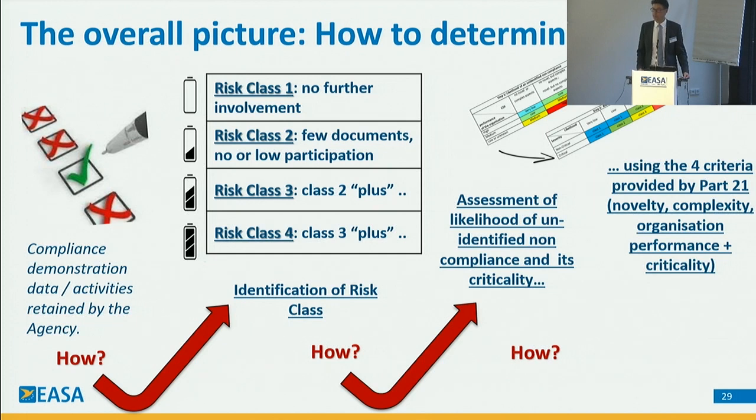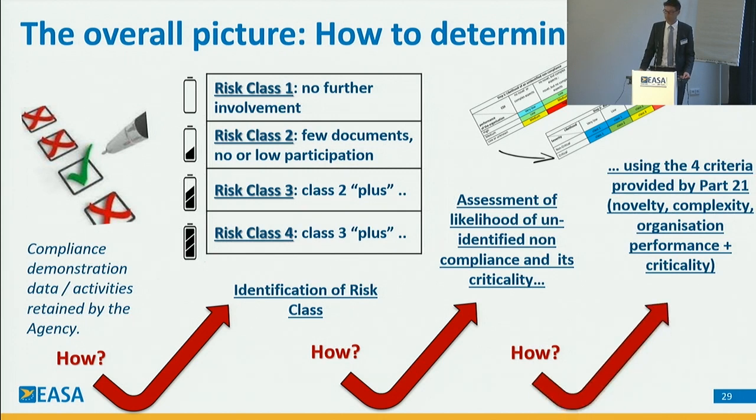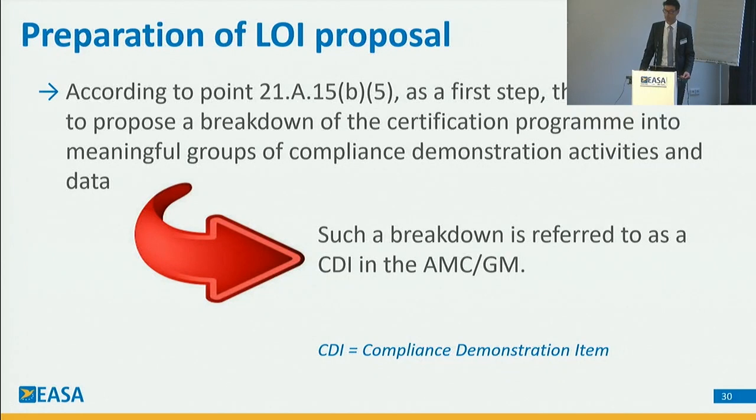What is the performance and what is the criticality? So what is the worst case failure scenario if you have an unidentified non-compliance on product level? And if you have done this, the process is complete. But again, in the further slides, we come more and more into detail about all the subjects.